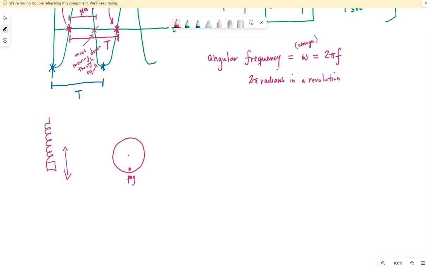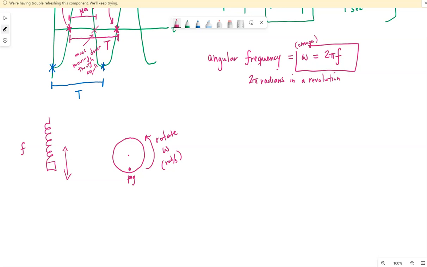If you've ever done one of those discs where you spin to see if you win something, there have to be pegs sticking out so that the little arrow will stop it from spinning and you can see what you won. So this disc has one peg on it. And this disc is going to rotate at an angular frequency of omega, where omega is in radians per second, and omega is essentially 2 pi times the frequency, where the frequency represents the frequency of this mass spring system.